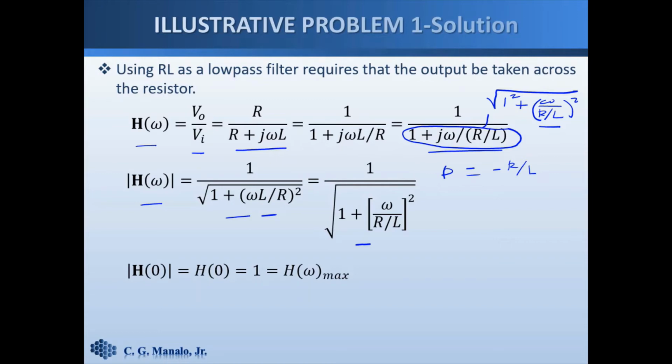We want to know the magnitude at very low frequency, so we let omega equal 0, and if we do that, we will get a 1. Okay, so the value of this is equal to 1 for omega equals 0, which is also our maximum magnitude.